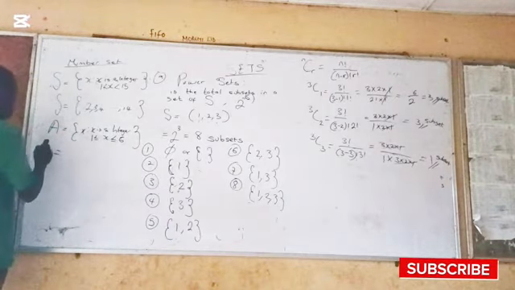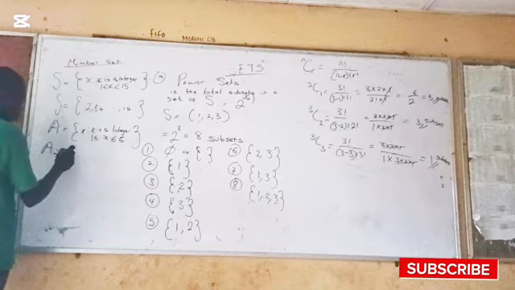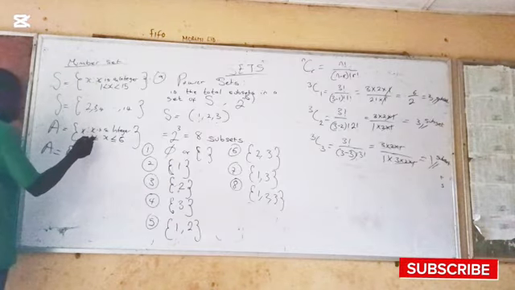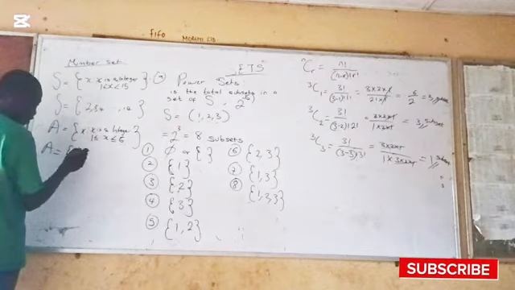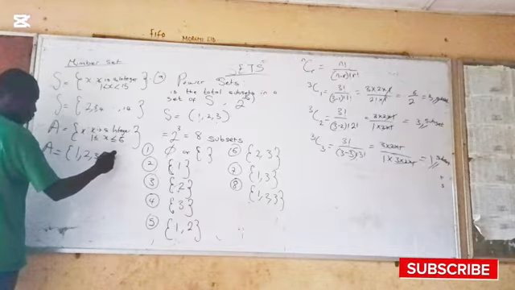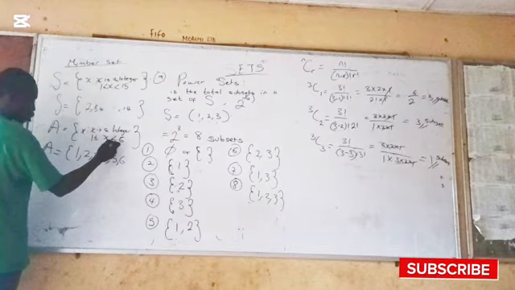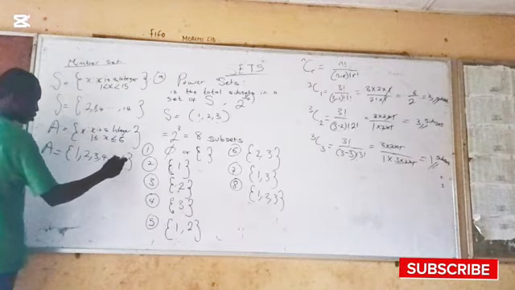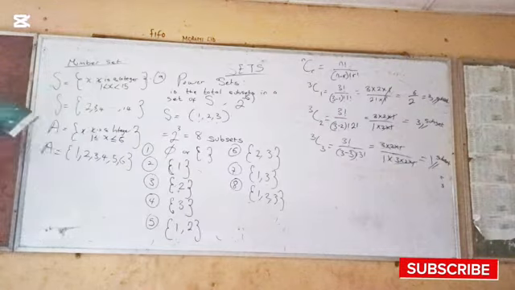So here you are going to list out all the elements of A. You are going to start from 1. Here we are having the equals to sign, right? We are going to have 1, 2, 3, 4, 5, and you are going to stop at 6. You also have the equals to sign. And so that's how to solve the question.